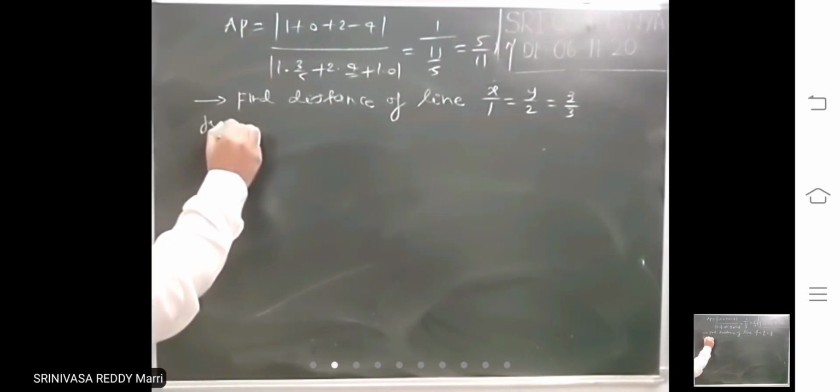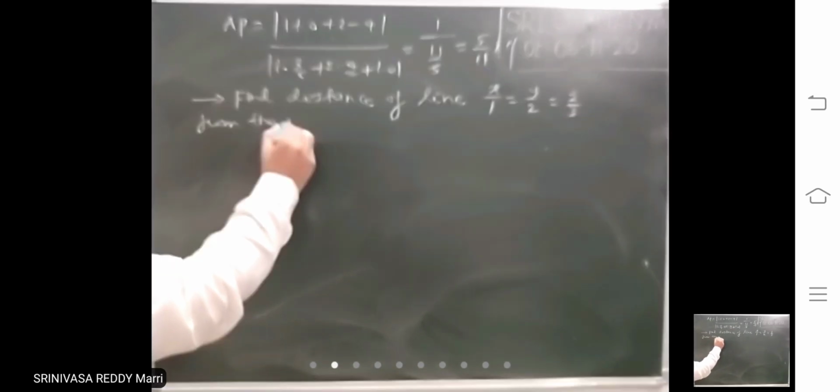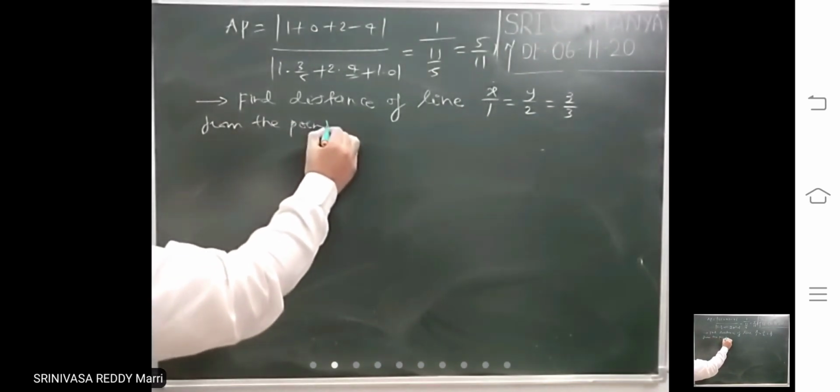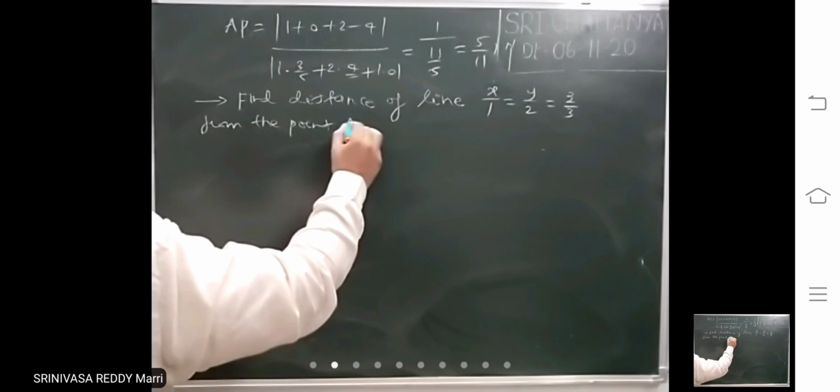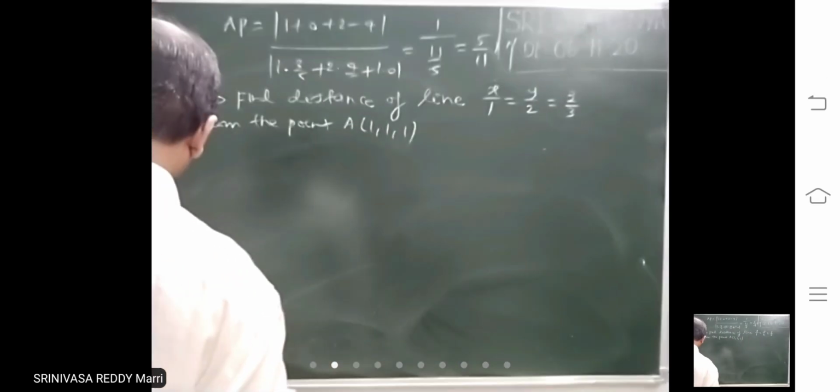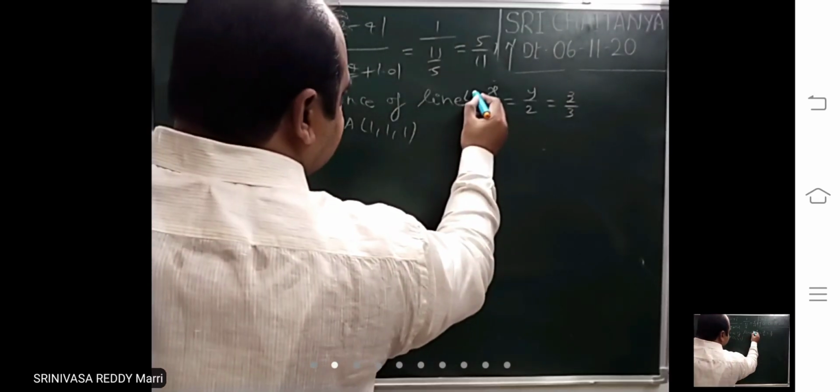We have to find the distance of the line from the point. Let us say a point is given (1, 1, 1). Let us say this is L, given.